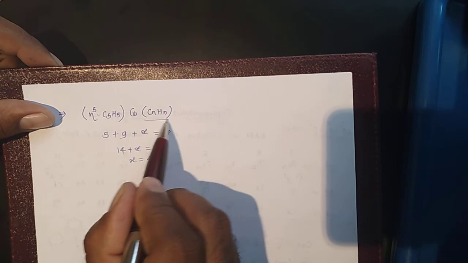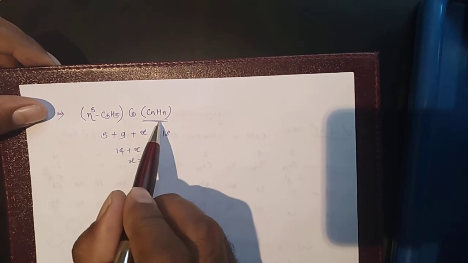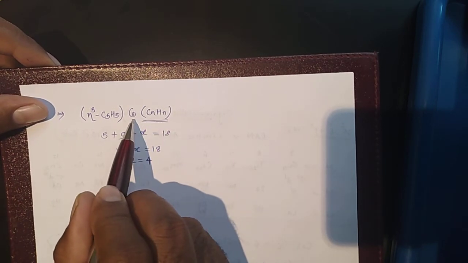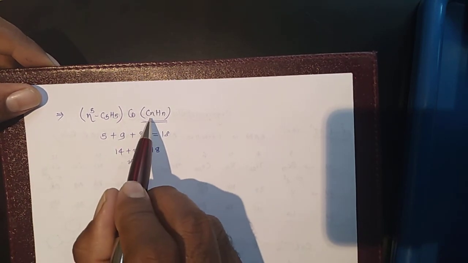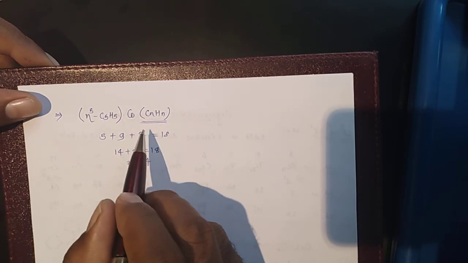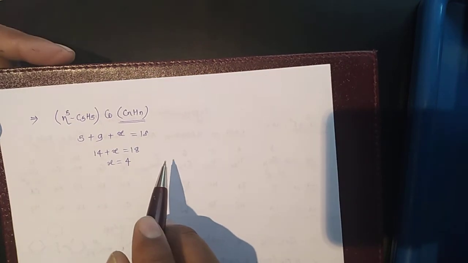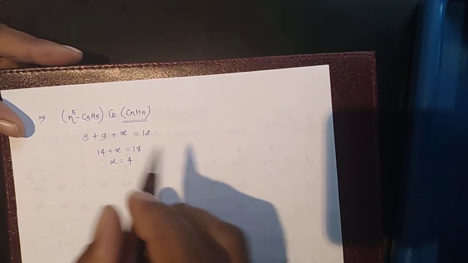It means this ligand will provide to this metal 4 electrons. So what is the name of this ligand? That we have to calculate. Don't write directly C4H4. Why not? We will try to calculate it.